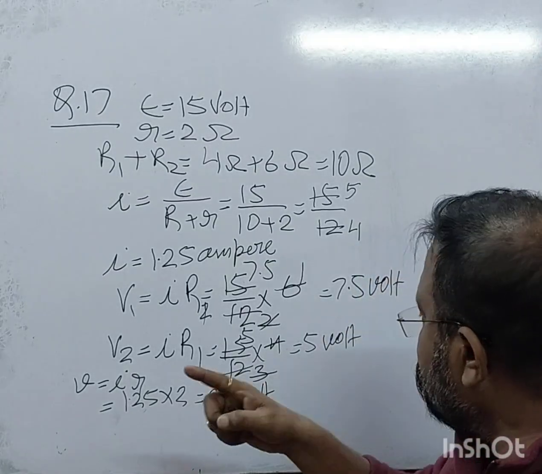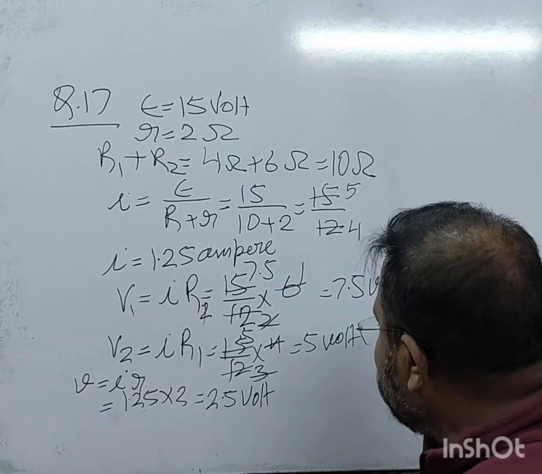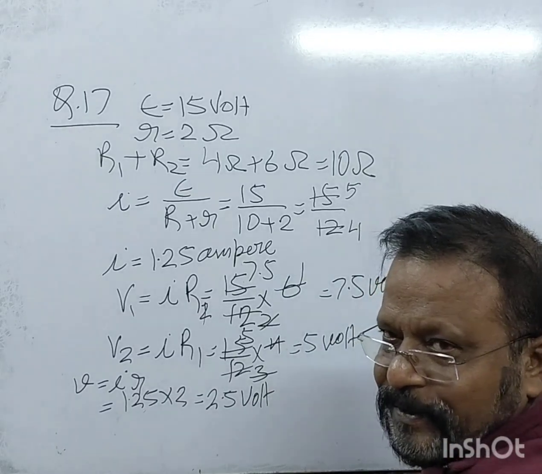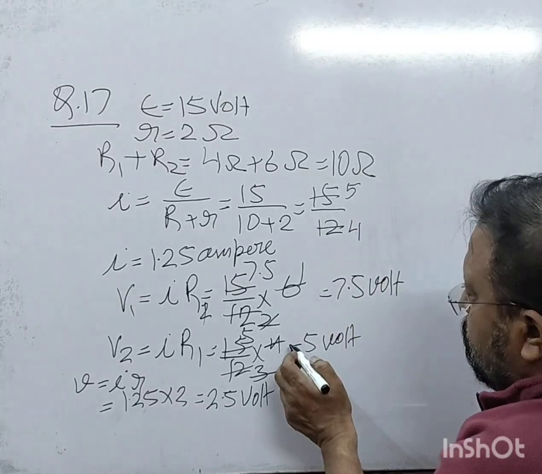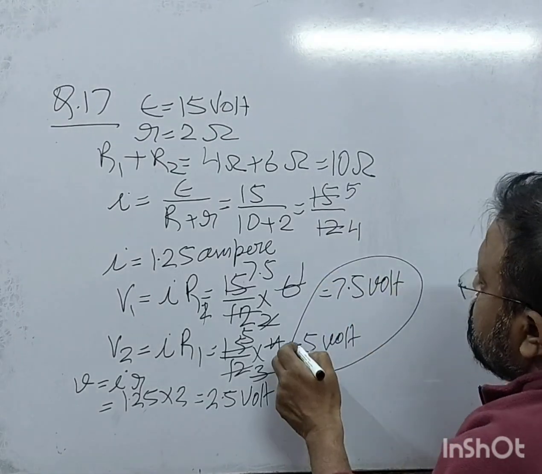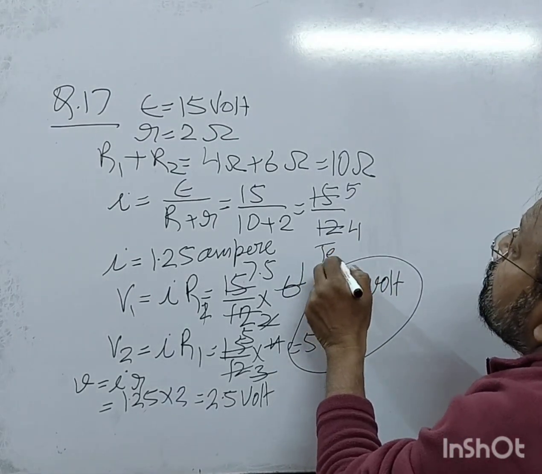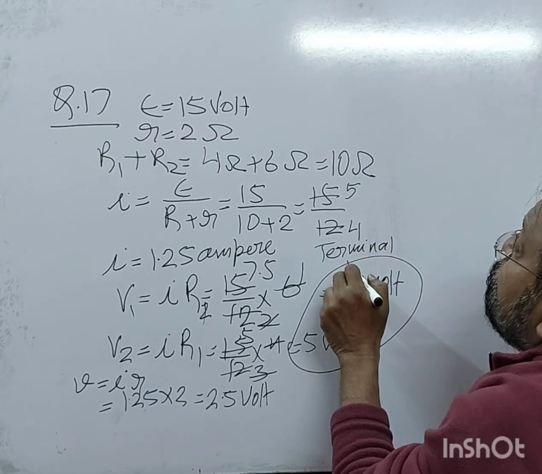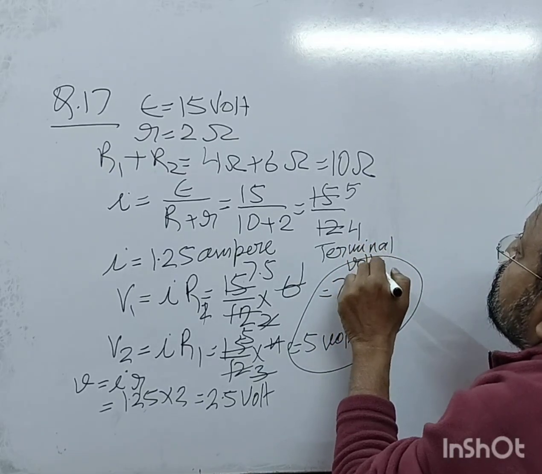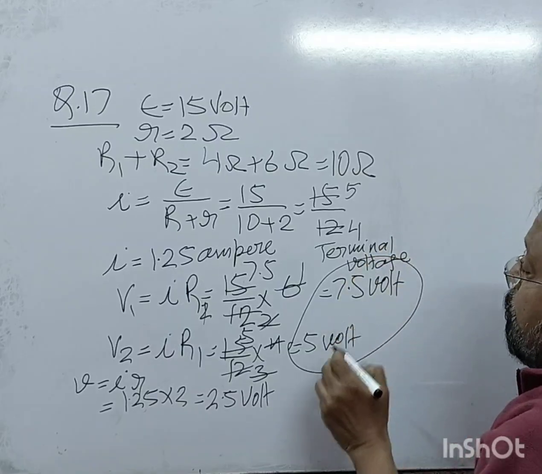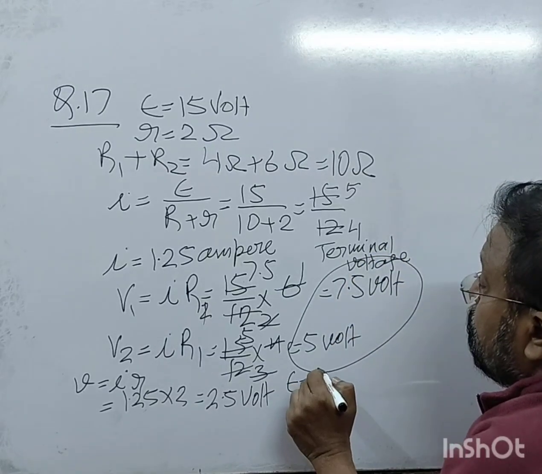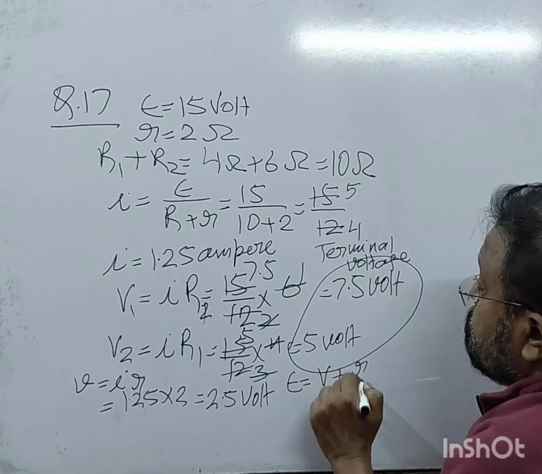So sum of all this is how much? This is terminal voltage. So epsilon is equal to terminal voltage plus voltage drop.